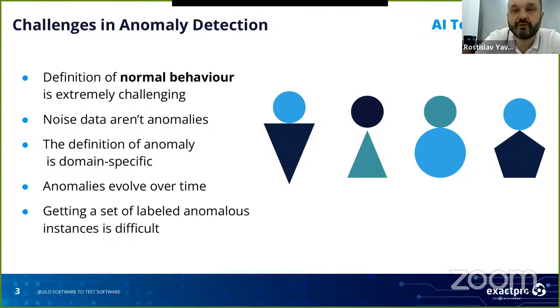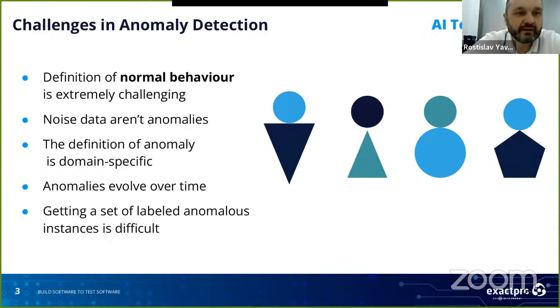In figure number 1 you see a blue circle on the top and then a black triangle, and the second triangle is a different color, and the circle is black, and in another figure, instead of a triangle, you have different figures. According to my feeling they're all different, but none of them is really an anomaly. Everything is within the normal definition, but again it depends on your context.